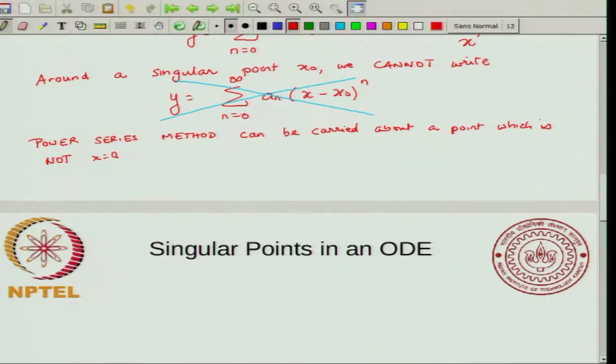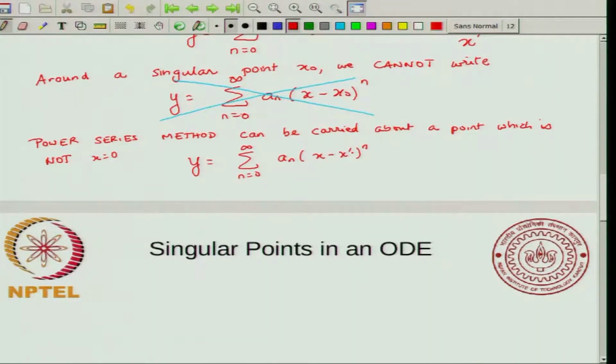What that means is you can write y is equal to sum over n equal to 0 to infinity a n x minus x prime raised to n, where x prime is some point. This is also a power series method. Only thing, instead of taking a power series around x prime equal to 0, you are taking it around some other point. So that is also a valid power series method.